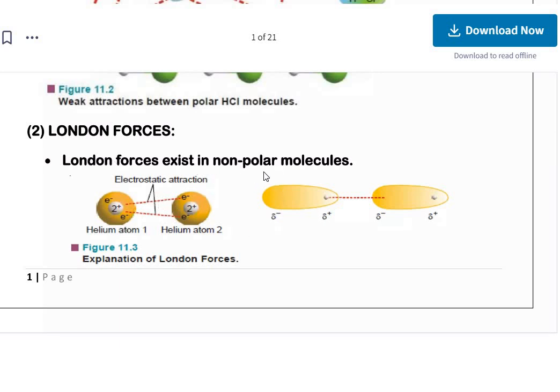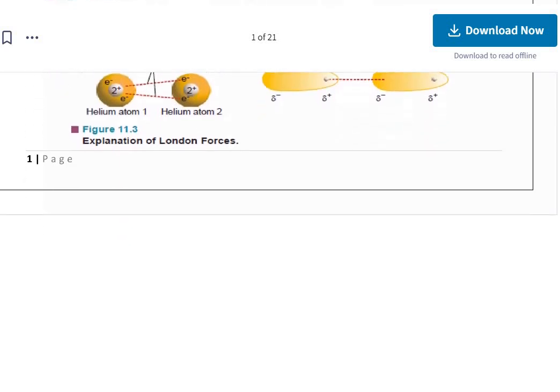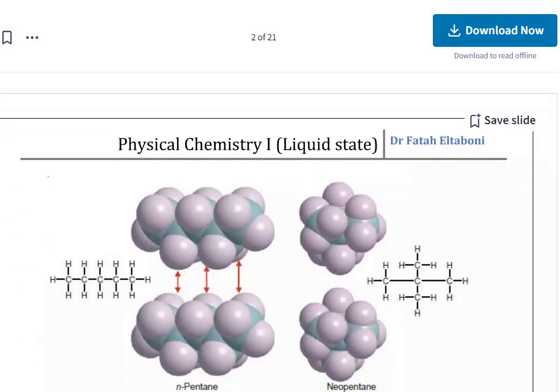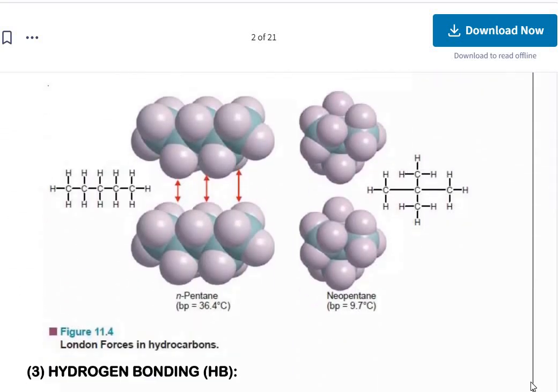Now you can see the polarity developed, positive and negative. So you can see in this pictorial diagram how these non-polar molecules become polar. You can see the molecules n-pentane and neopentane both have this structure.